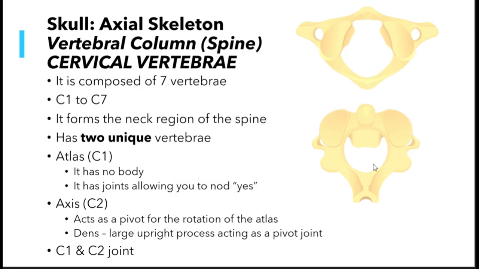Why are they unique? Because they perform functions not shared by other vertebrae. C1 holds the skull. And between these two, C1 and C2, you have your C1-C2 joint. The C1-C2 joint allows us to rotate side to side to indicate no.